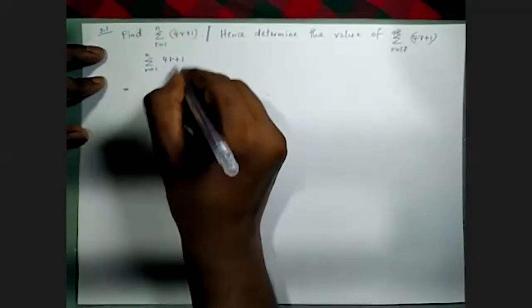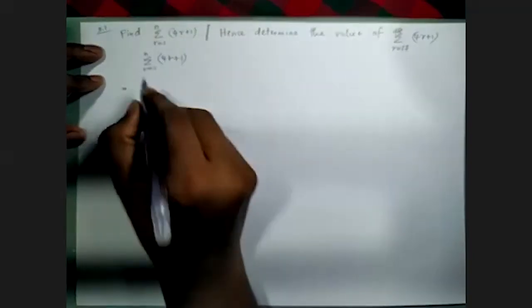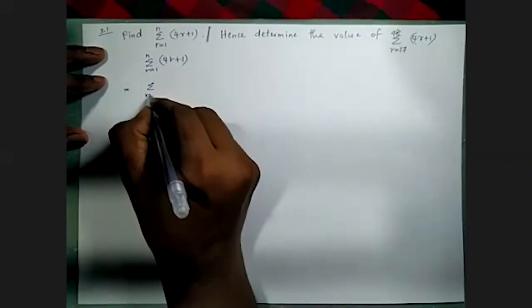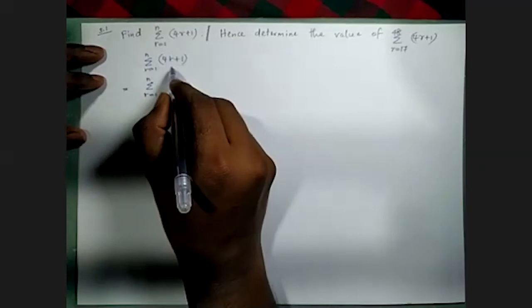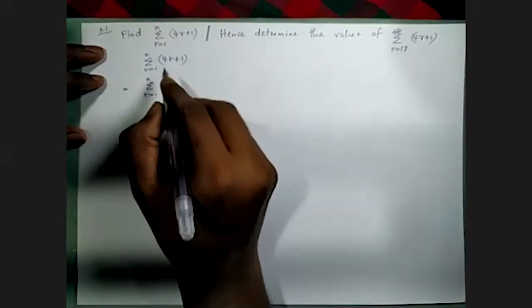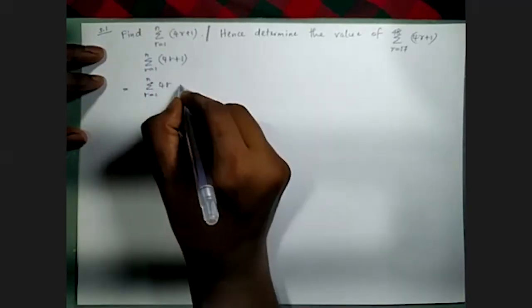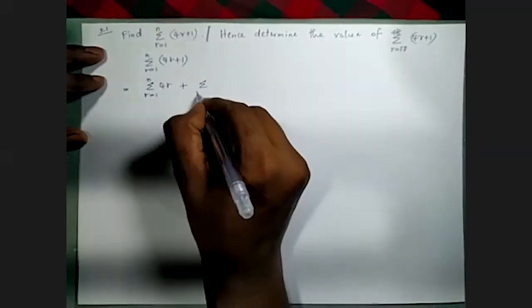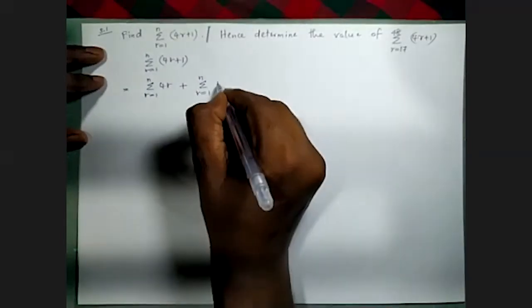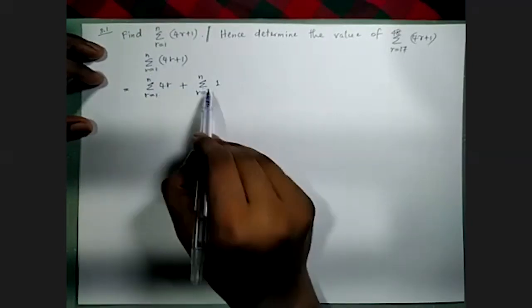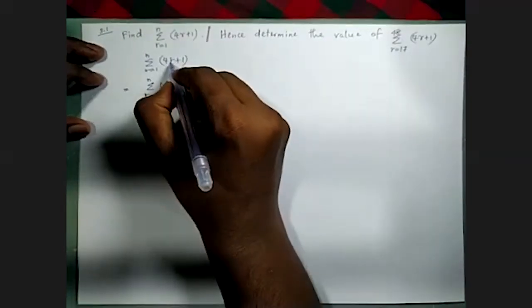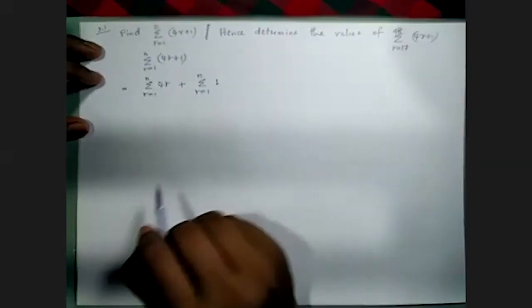Now we can separate this general term like this. These are the features of sigma notation. Here we can separate 4r and 1, plus, again, sigma r equals 1 to n of 1. From positive and negative signs, you can write two different sigma notations like this.